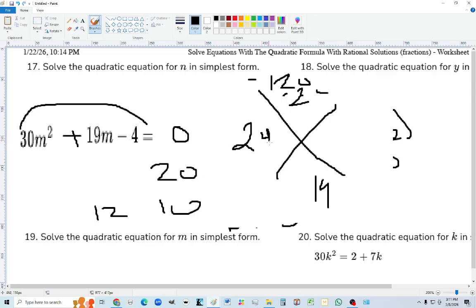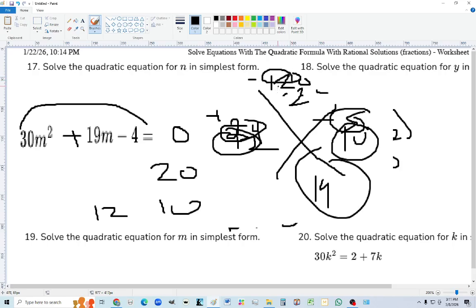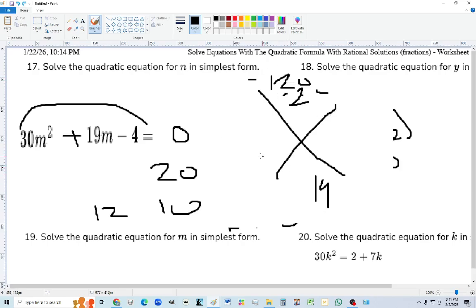Yeah, 24 and 5. How I got from 12 and 10 to 24 and 5: if I half that, I have to double that. If this is a factor, 12 and 10, then half that and double that is a factor. And I can see that when this is positive and this is negative, they add up to 19 and multiply to minus 24. So positive 24 and negative 5.